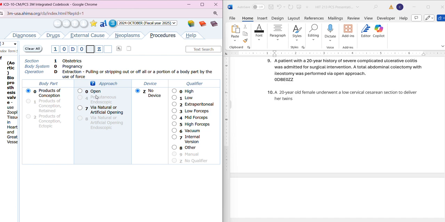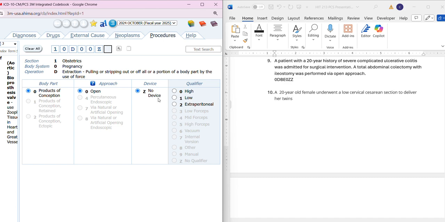And for the approach, it's going to be open, because with a C-section you are basically cutting the mom, making an incision into her abdomen to get to the baby to deliver.